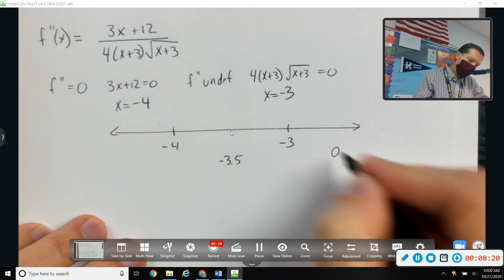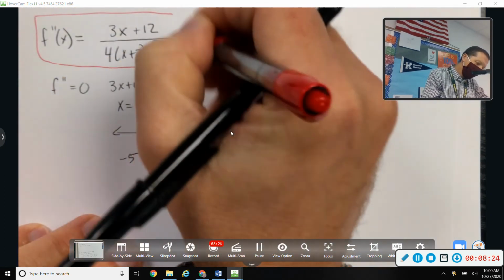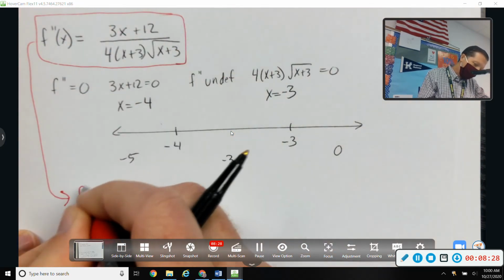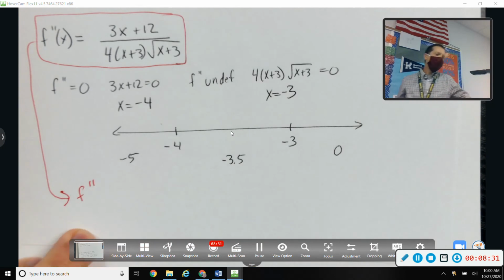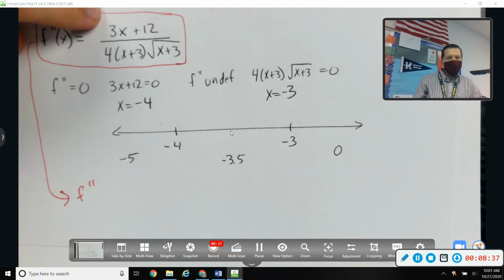And then I'll test 0 and negative 5 into the second derivative, because I want to know where are we concave up and concave down. The good news is I only care about positives and negatives.